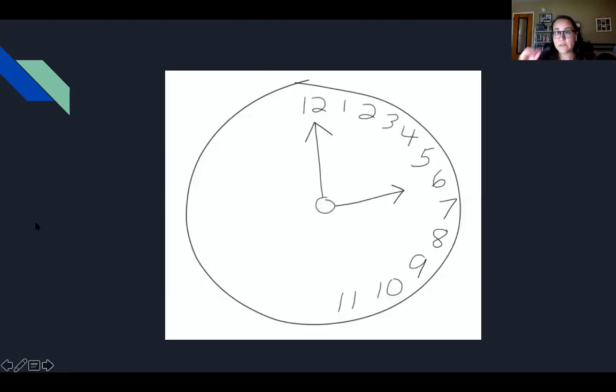So as an example, this is a drawing of a clock that somebody with a left-sided visual agnosia drew. And as you can see, they totally neglected the left side of the clock. And they put everything on the right side because that's all that they were able to make sense of.